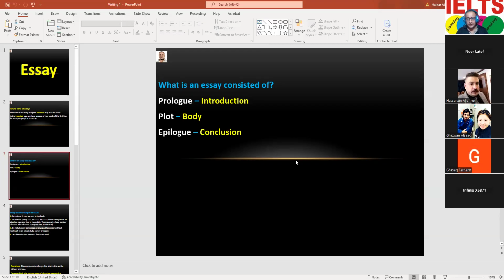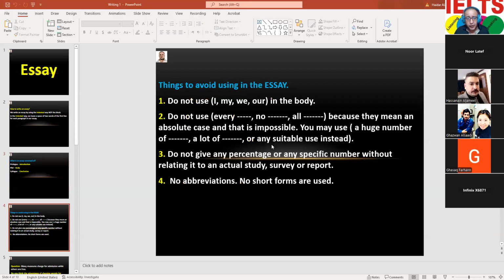Then the second part is the plot or the body, and that is 2 paragraphs. Then you have the epilogue, which is the conclusion, and that is 1 paragraph too. So, introduction 1 paragraph, body 2 paragraphs, and conclusion 1 paragraph. That is the outside shape.